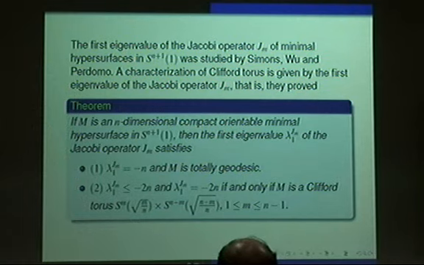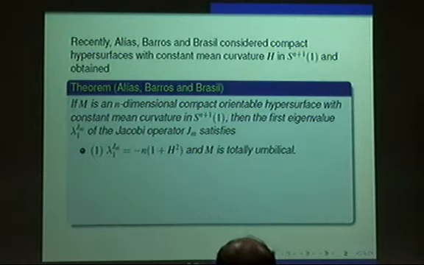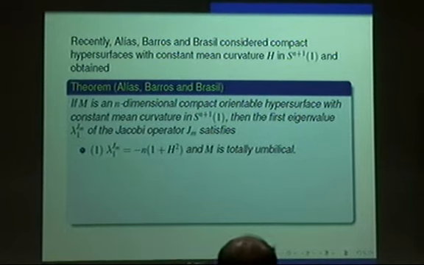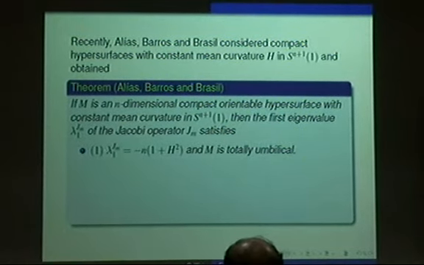For constant mean curvature hypersurfaces, Alias, Barros, and Brasil proved this result. If M is an n-dimensional compact hypersurface with constant mean curvature, meaning that the capital H is equal to a constant, then the first eigenvalue of the Jacobi operator satisfies the following.